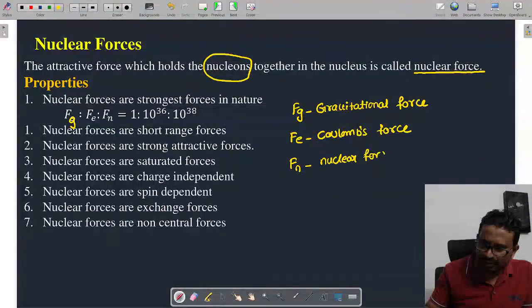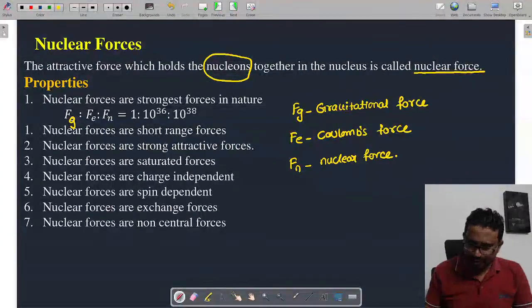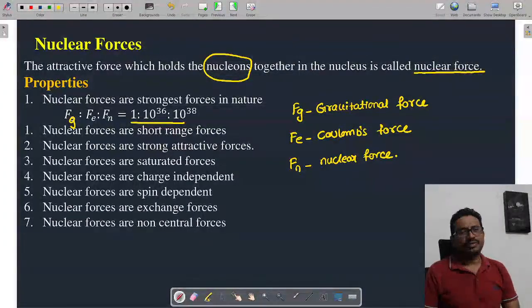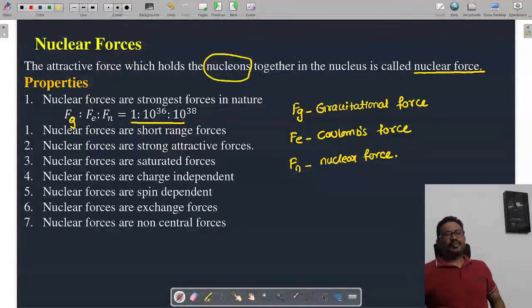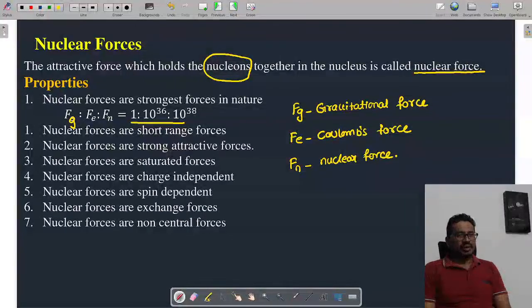So this ratio should be given as what? Tell me. 1 is to 10 power 36 is to 10 power 38. Compared to all the forces, nuclear forces are very strong forces.